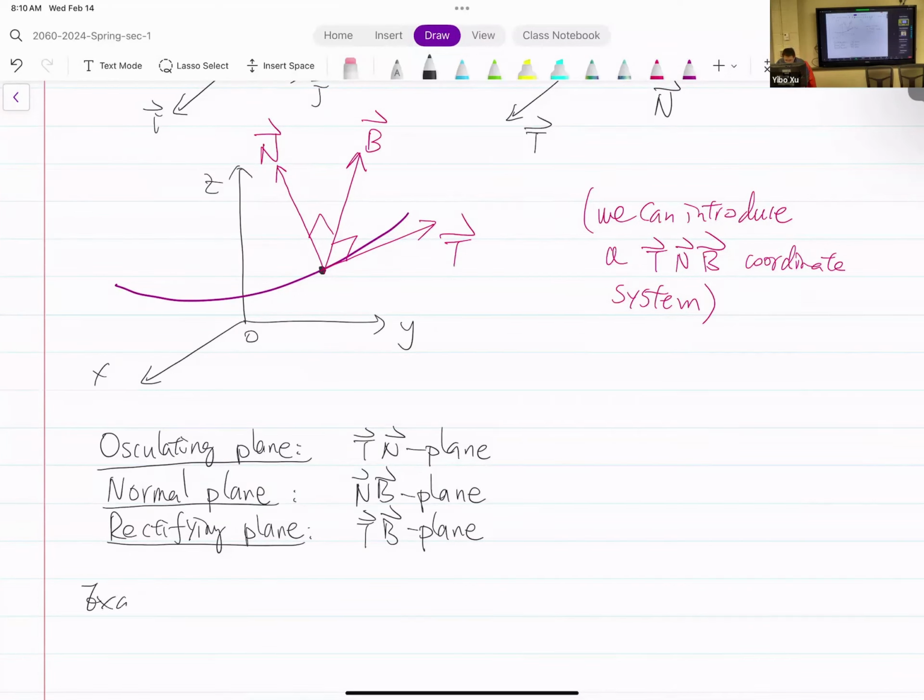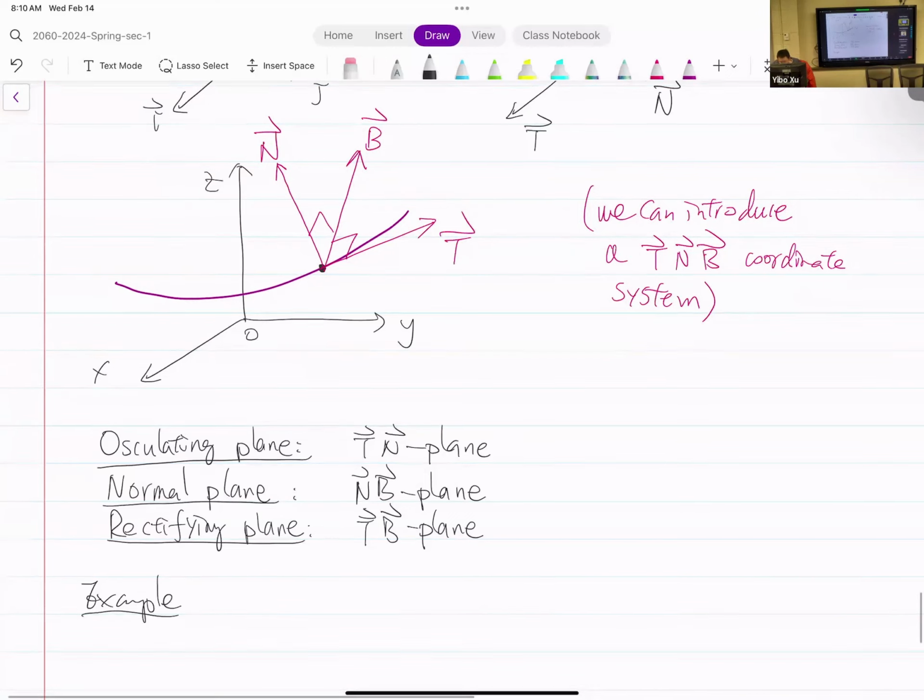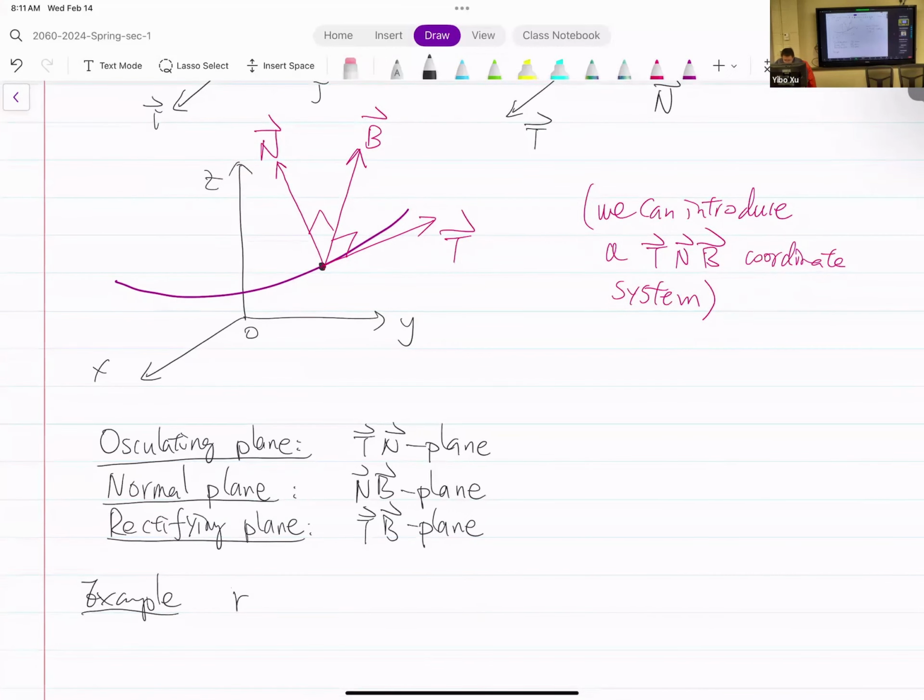Example. So you see, let's look at that helix that we have seen earlier. So the vector function is cosine of t, sine of t, t, right?